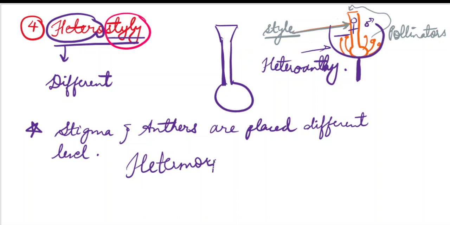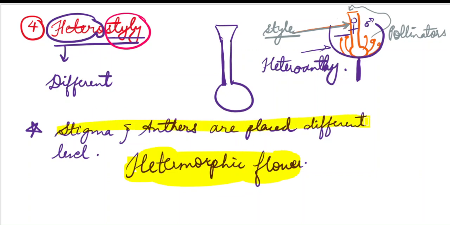So this is a heteromorphic flower. What will happen in this case? If there are heteromorphic flowers, it means the stigma and the anthers are at different levels. That's what I told, heteroanthy and heterostyly.